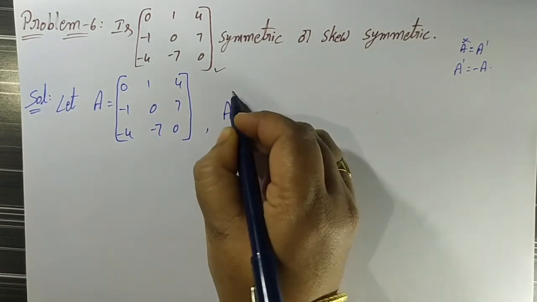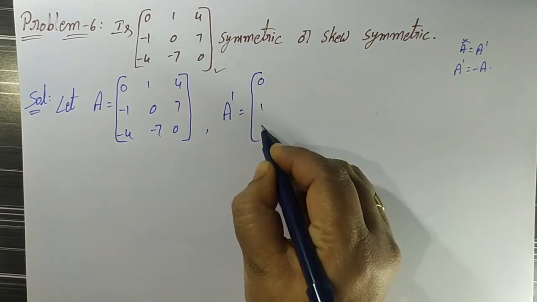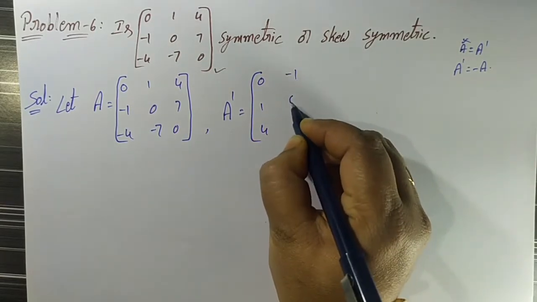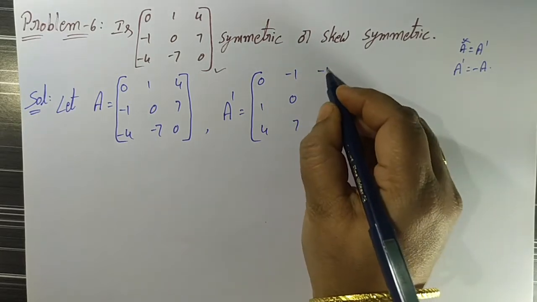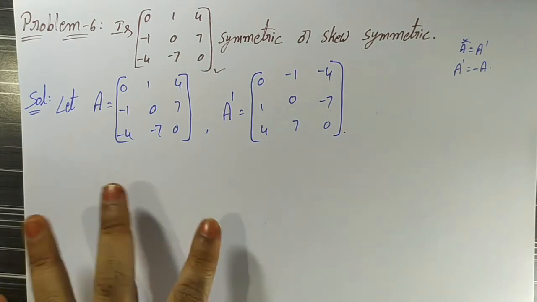Next, from this, A dash equals [0, -1, -4; 1, 0, -7; 4, 7, 0]. This is the A dash value.